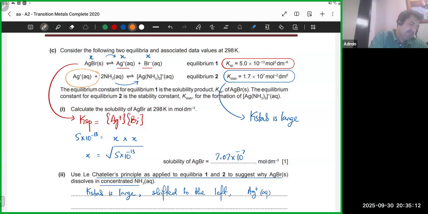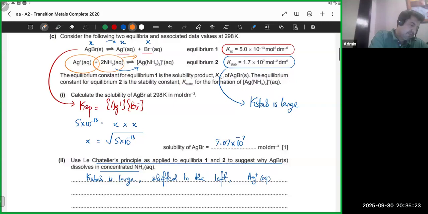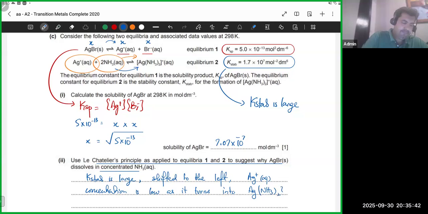I mean, this Ag+1 concentration is going to be really low because all of it is going to react with ammonia and it will turn into the Ag(NH3)2 complex, right?